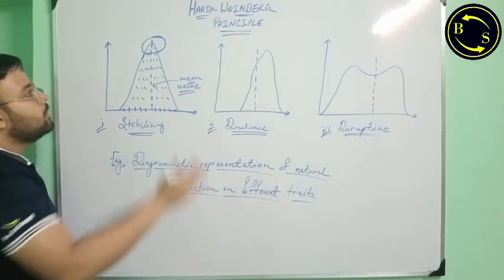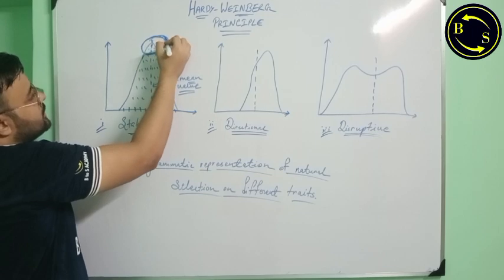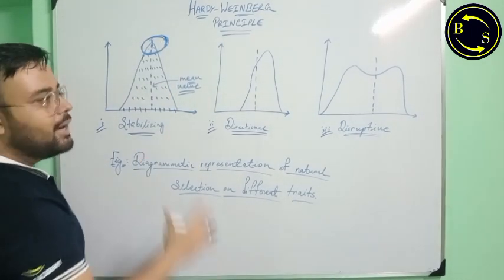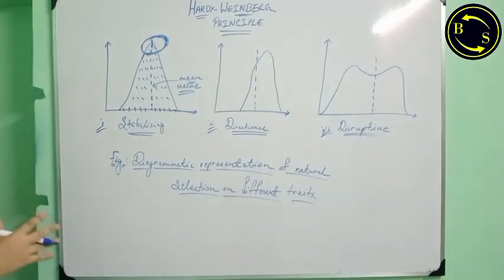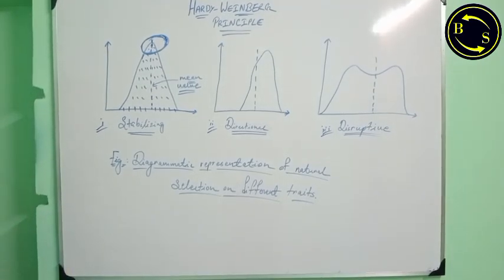Okay, so the remaining individuals will all have the desired variations. So they are getting closer to the mean value. This is a stabilizing type of population dynamics based on natural selection of different traits.